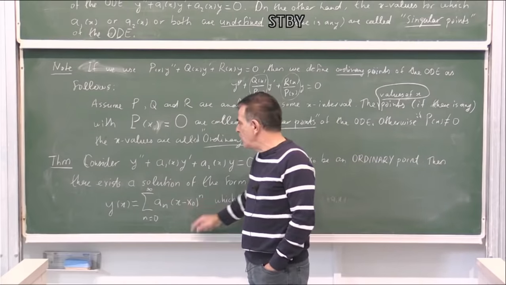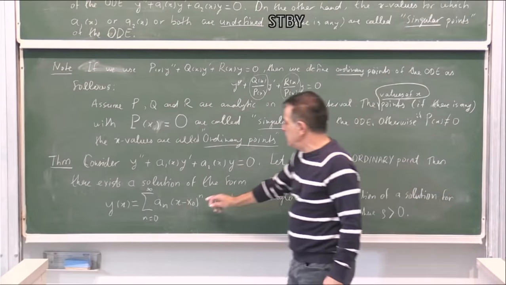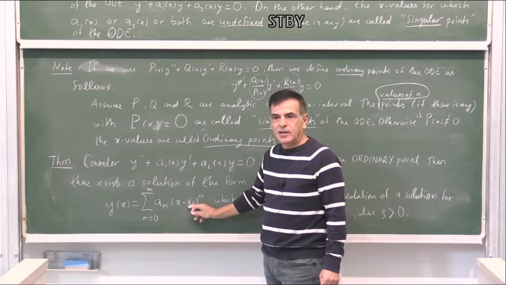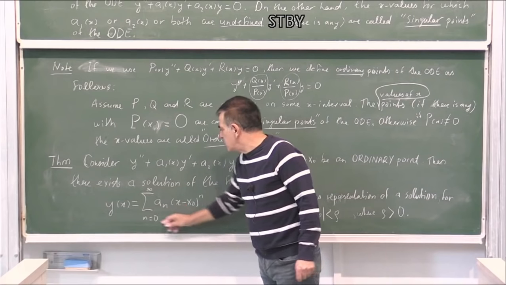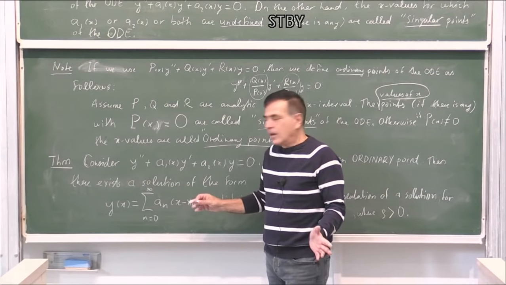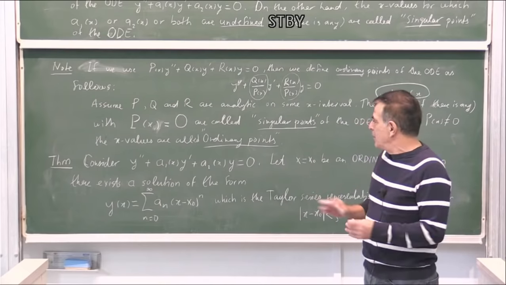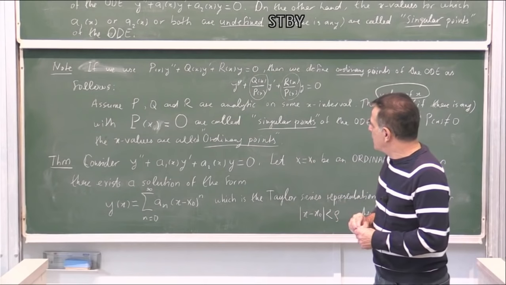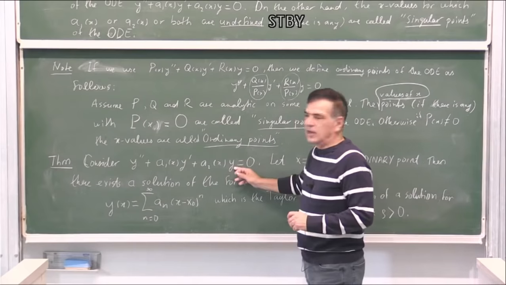This is true for as long as x0 is an ordinary point. We represent the solution as a power series like that, independent of a1 and a2. All we require is that a1 and a2 are analytic functions. So the procedure is straightforward for any second order ODE.